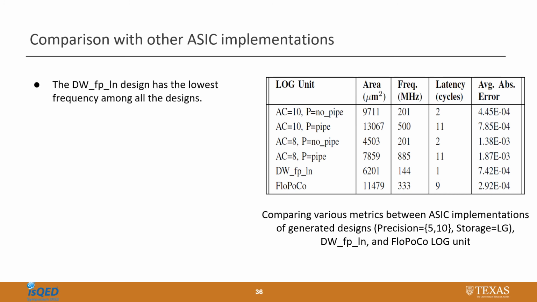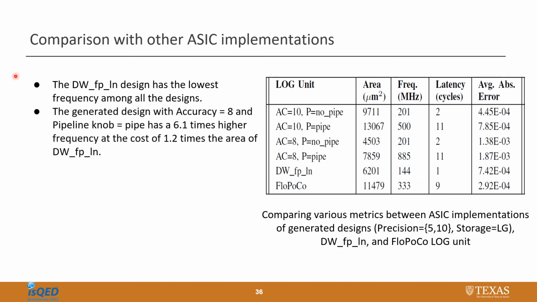We also compared different ASIC designs like the Synopsys and FloPoCo log units with our LogGen designs. We can see that the Synopsys log unit has the lowest frequency among all the designs. Our optimized pipeline LogGen design had a frequency that was 6.1 times higher than the Synopsys log unit at the cost of just 1.2 times increase in the area.